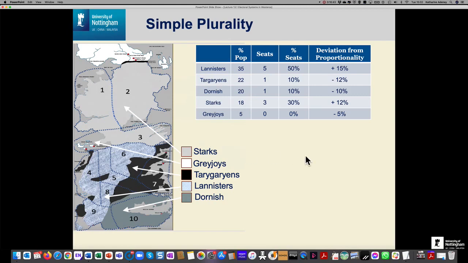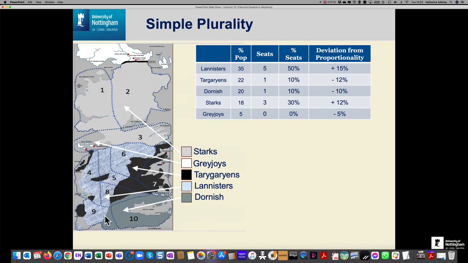Now, let's look at the Dornish. They have 20% of the population, but they only get 10% of the seats. Their deviation from proportionality is minus 10%. And you can see again, looking at the map, why this happens. The Dornish clearly win constituency 10 because 100% of the population is Dornish in that particular constituency.